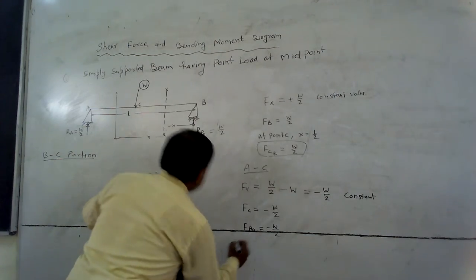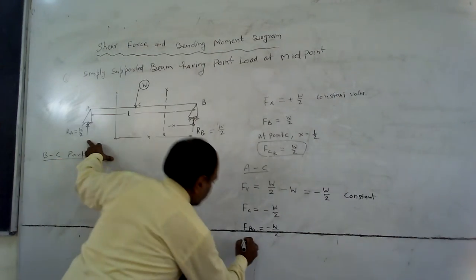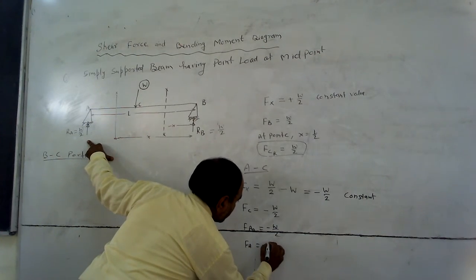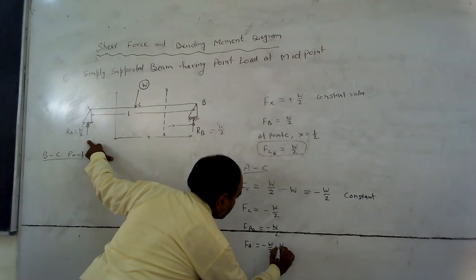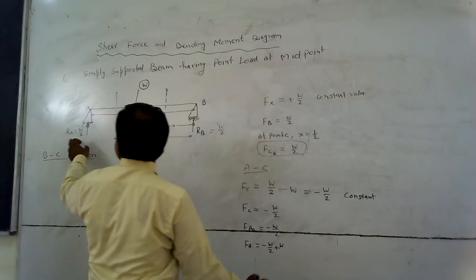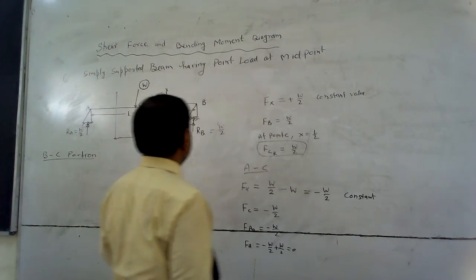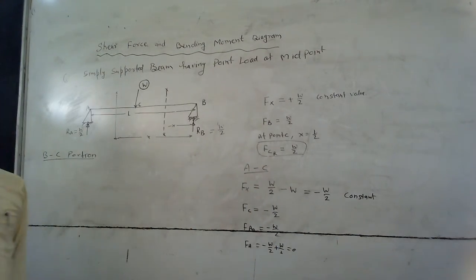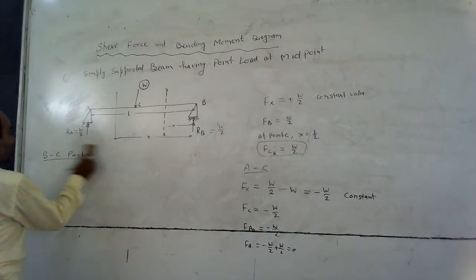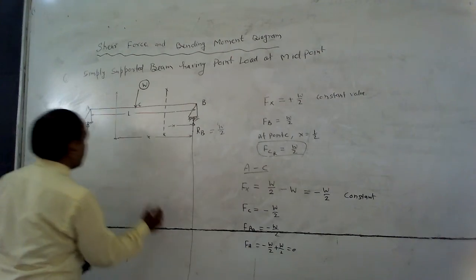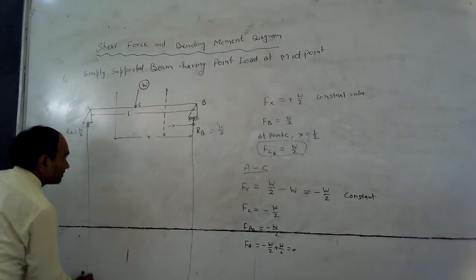If we consider at A, then Fa equal to minus W by 2 plus W by 2 equal to 0. So now I have to draw the shear force diagram of this beam. Extend this line to the lower end.